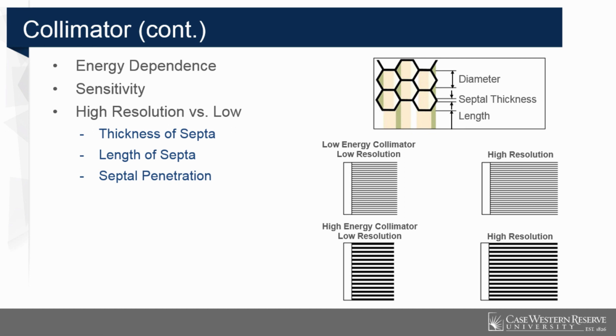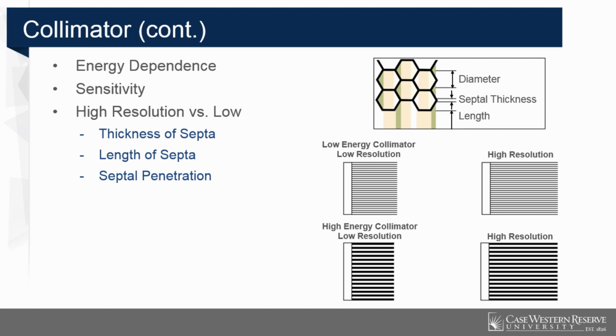Some of them are for low energy gamma photons. Different radionuclides, when they decay, emit gamma photons with different energies. Some are low, some are high. For high energy gamma photons, you need thick septa to stop them so that there will be no penetration or crosstalk, so your image will be better.